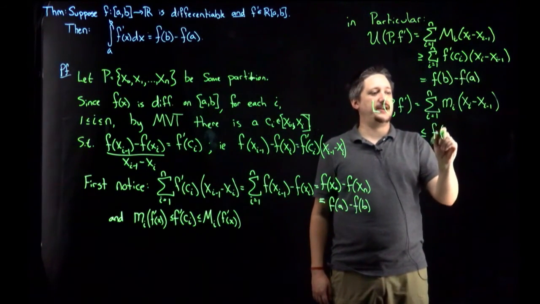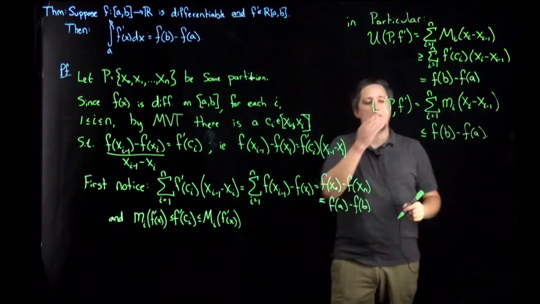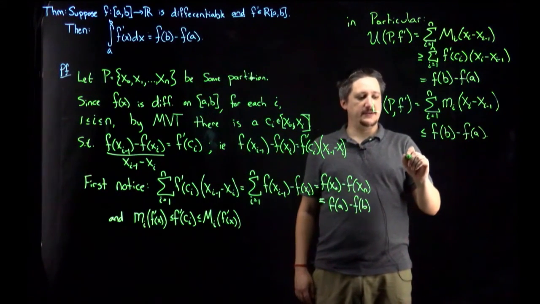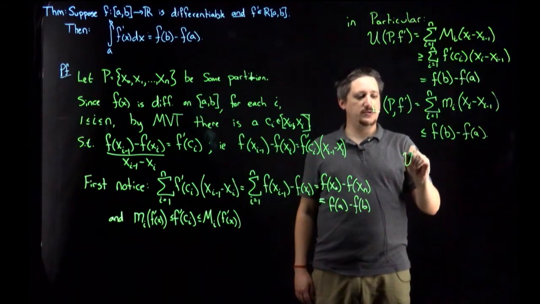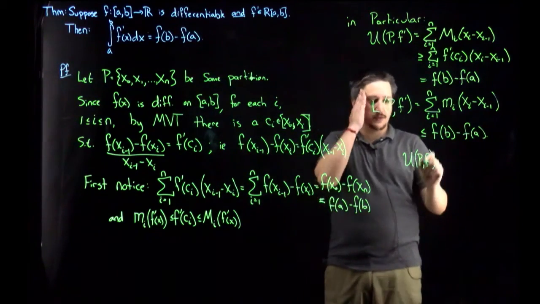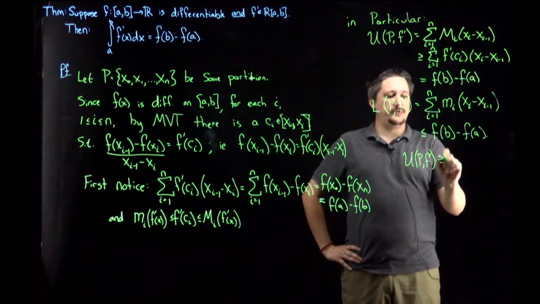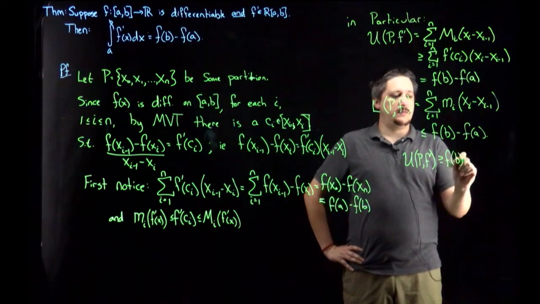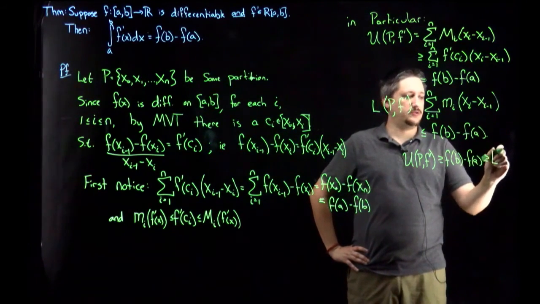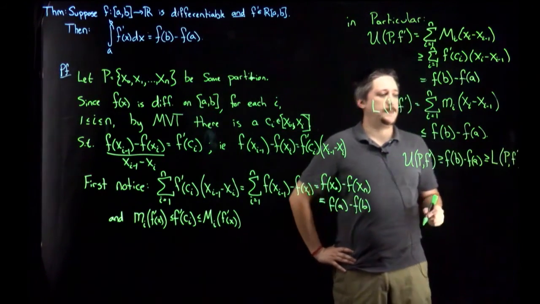So it's going to be less than f of b minus f of a. Okay? So in particular, what I actually am showing then is that the upper sum for this particular partition on f prime is greater than or equal to f of b minus f of a, which in turn is greater than or equal to the lower sum for that same thing.